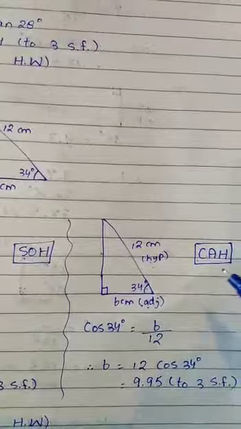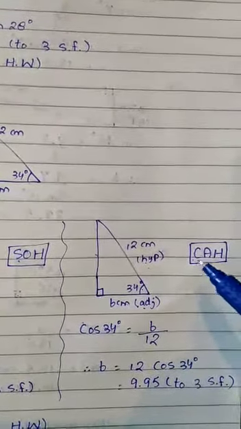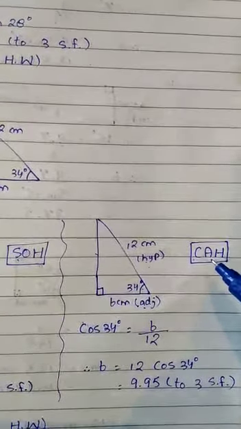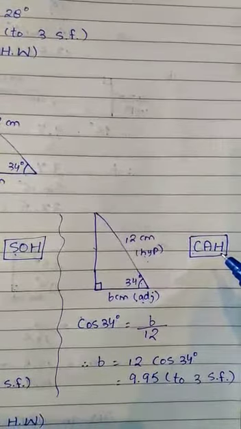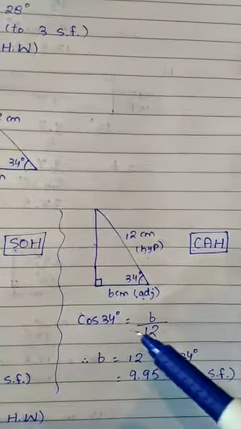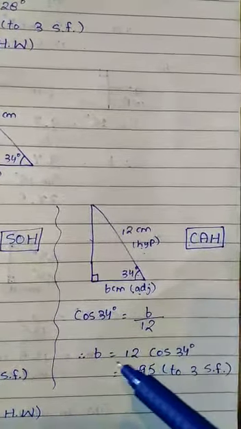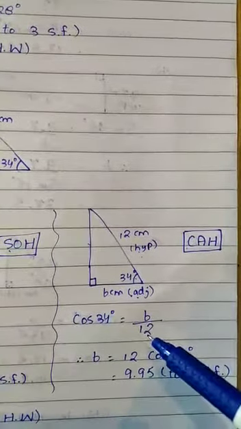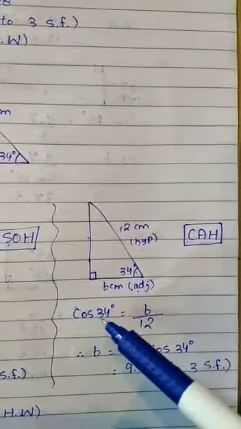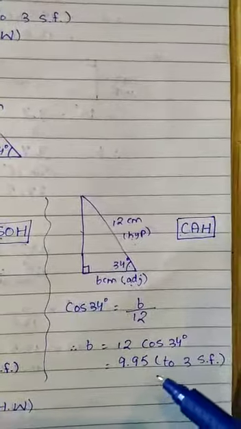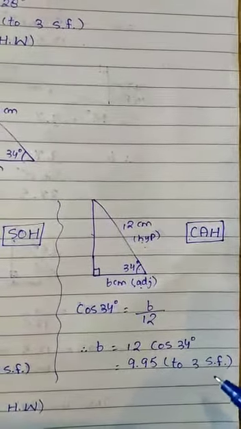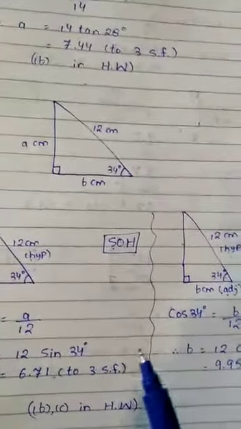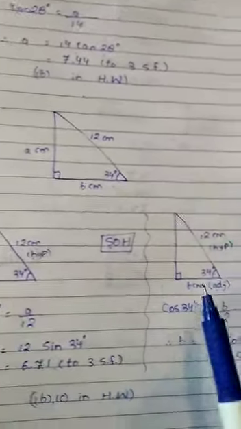Which formula will you use? You will use CAH. C stands for cos, A stands for adjacent, and H stands for hypotenuse. So we will get cos 34 is equal to B over 12, and then 12 is dividing here, so on the other side it will be multiplied. So we will get 9.95 to 3 significant figures. So in this way you will find the values of A and B.